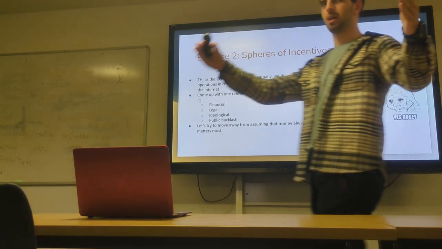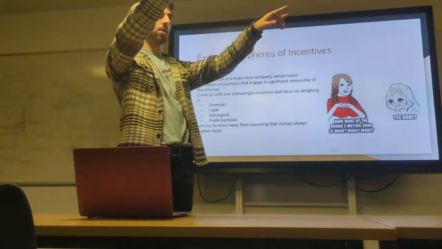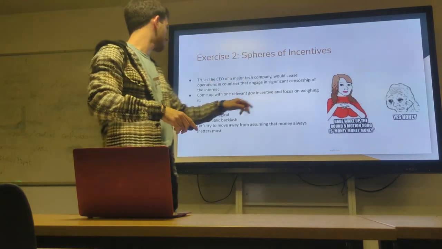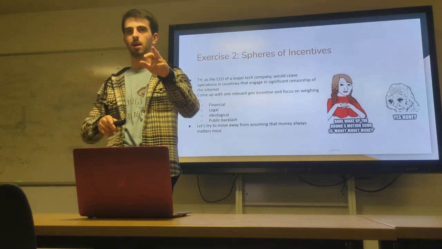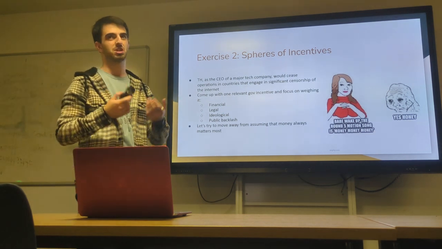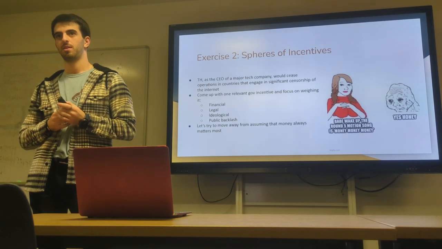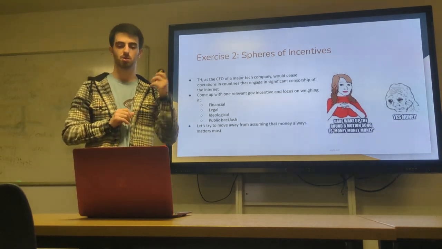We'll do Ayman down to Dawn. So at the back, you're thinking financial. Then you guys, Cyrus to Kate, are doing legal. Esme to Elishba, ideological. And then you guys are doing public backlash. Take like 5-ish minutes. I'll be back just to ask people for their thoughts.